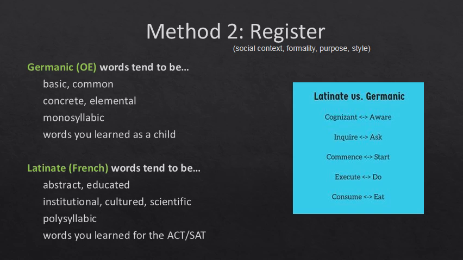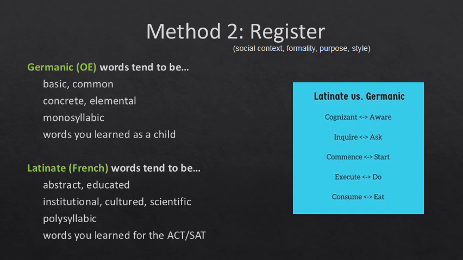And these, to be just general about it, in terms of your own educational history, are probably words you learned for the ACT or SAT or in a vocabulary class as you got older, as opposed to the elemental words going back to Germanic. I want to pause to say that poets and writers ever since this split in register happened have been taking advantage of it.